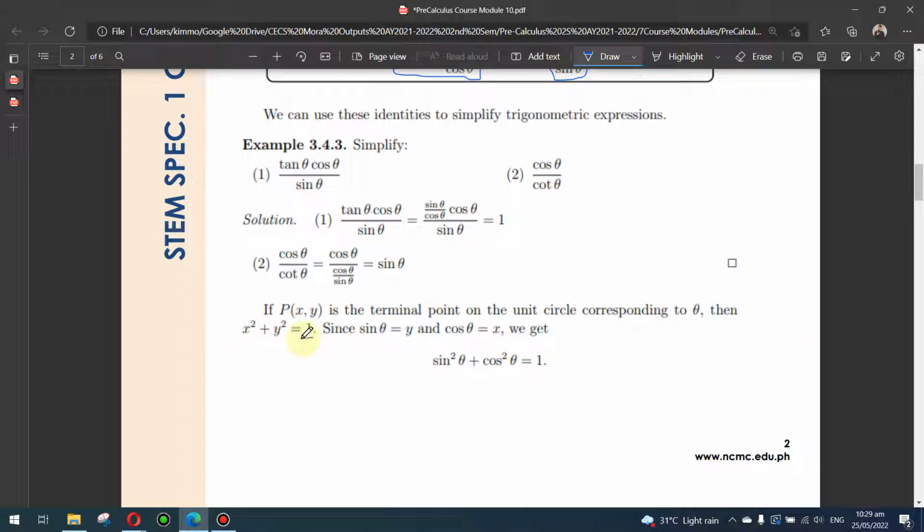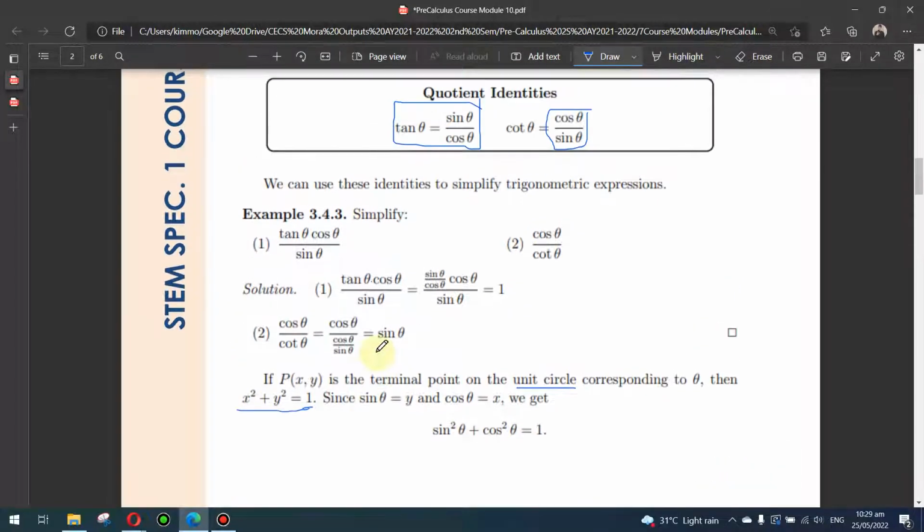So why 1? You are familiar with this, the general equation of a circle, x squared plus y squared is equal to r squared. Our unit circle has radius 1, so that's why we have 1 squared is equal to 1. So we have this equation, x squared plus y squared is equal to 1. This is the equation of a unit circle.